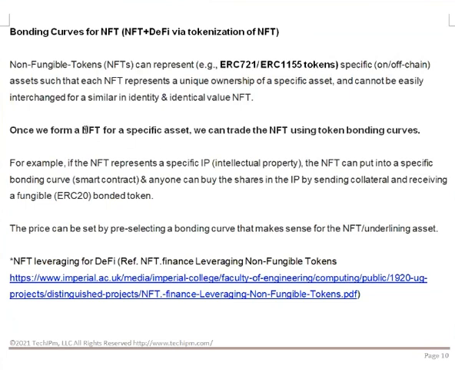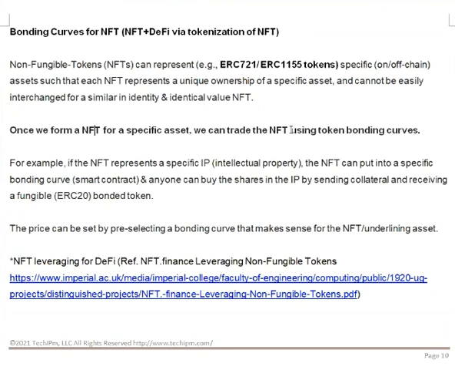So actually you first form an NFT for a specific asset. This asset has a unique characteristic or unique value, so you can put some specific ownership into this token. Then you can trade the NFT using a token bonding curve.